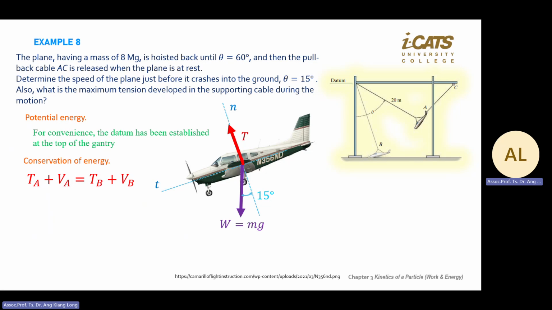Half mv squared. And V is potential. So potential is negative here because the datum is above the object, or the object is below the datum. So in general, you can write it like this: half mv squared minus Wh or mgh equals the same after, right? A and B.